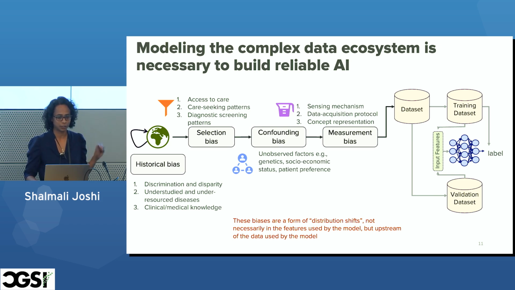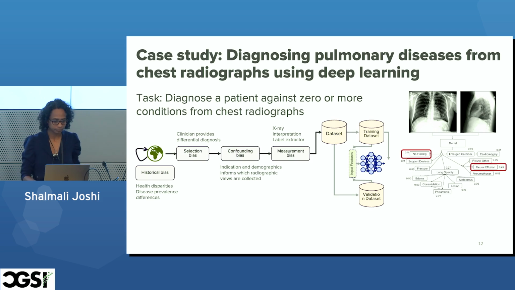We can think of them. We can develop methods and tools around them. But we are now thinking about distributions not within the data that is seen by the model necessarily, but along with that, we are also looking at distributions that are upstream of when the data is even seen by the model. Okay, so that's the big difference that we are going to start to model.